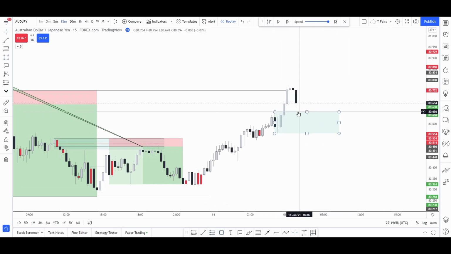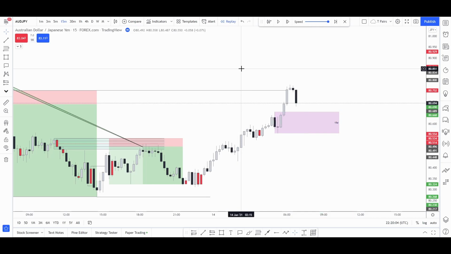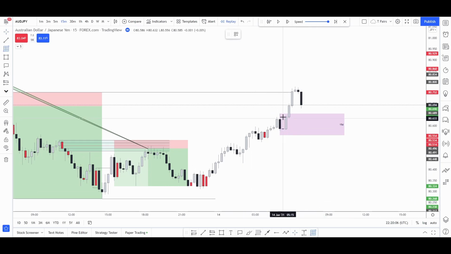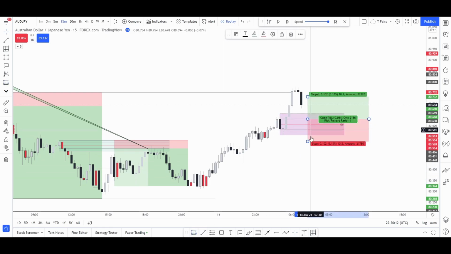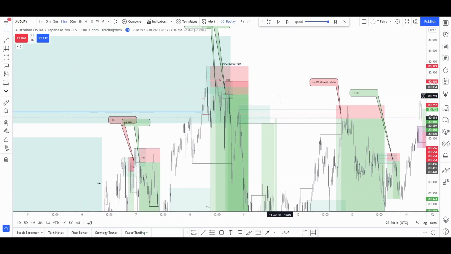Don't know where to target though, so I'm going to have to go back and have a look. So that is demand. There we are. Where are we going to be targeting?